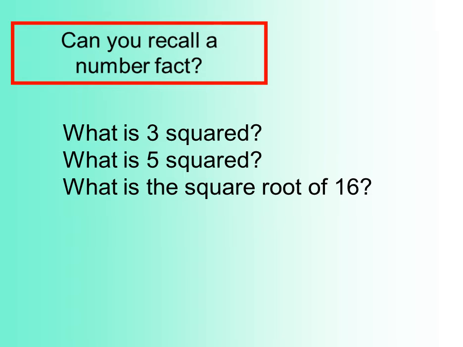That made 9. What could it be? Pause the video while you work that one out, if you haven't already. Well done if you've spotted it. The number that times by itself makes 16 is 4. 4 times 4 is 16. Well done. There's some tricky ones there.